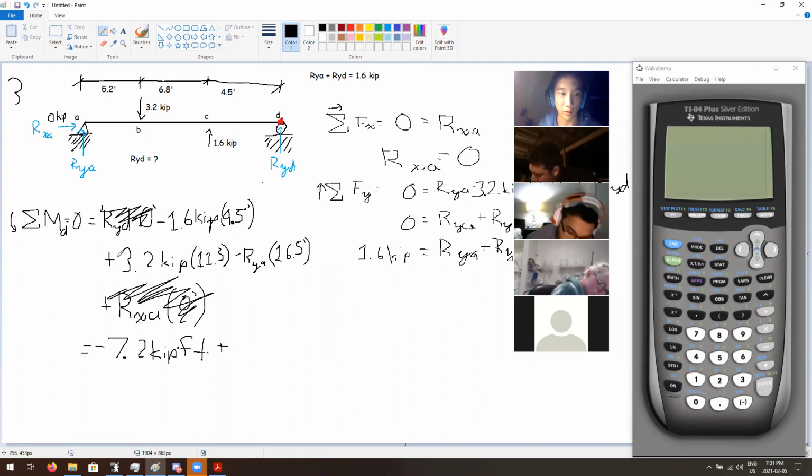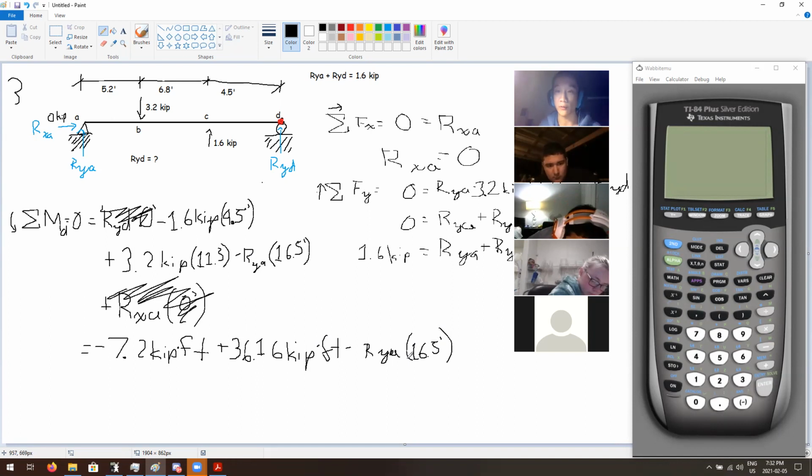Plus, we're gonna multiply 3.2 by 11.3. We're gonna get 36.16 kip feet. This is an approximation because there's a lot of decimal points. And then we're gonna multiply these two together. Oh wait, we can't. Minus R sub YA times 16.5 feet.